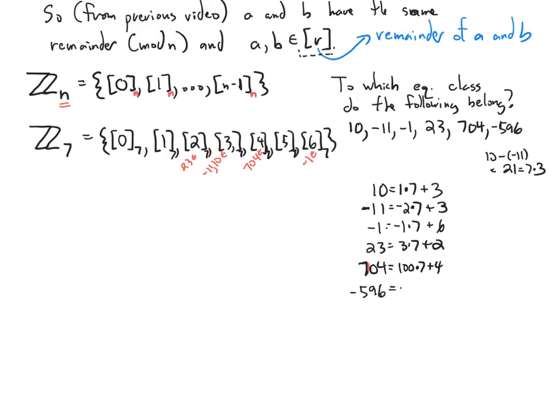And we should get minus 86 times 7 plus 6. So negative 596 is in the equivalence class of 6. And just as a reminder, this is the element symbol there. It's a little bit messy because it's written on its side, but hopefully that's clear. That's what it means.